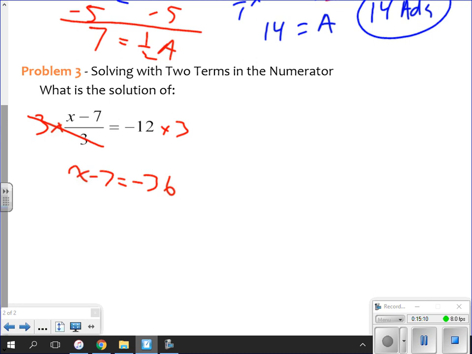So you have to look carefully when you see these problems. And now I add 7 to both sides. I get x equals negative 29.